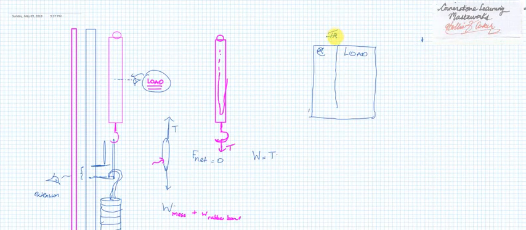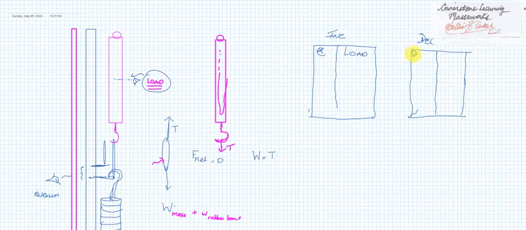You should have a table saying increasing, and a table saying decreasing, right? Extension, load, decreasing. You should have had one of those.